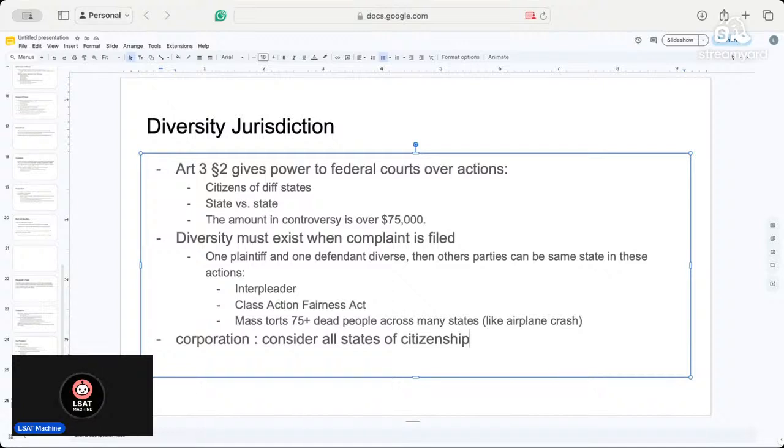So a corporation is a citizen of every state where it's incorporated, so where they filed their business documents, and where it has its principal place of business.